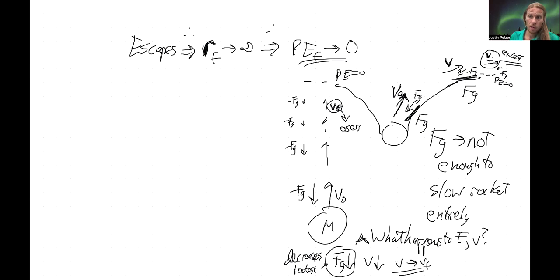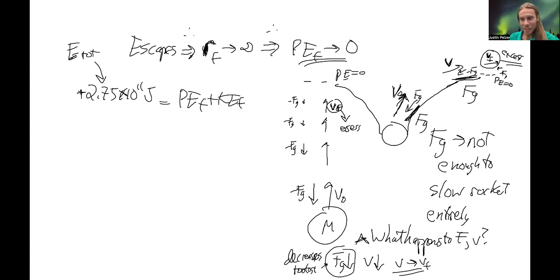So now we can say, okay, positive 2.75 times 10 to the 11 joules, which is our E total, equals final potential energy plus final kinetic energy. The final potential energy goes to zero. And we could have assumed that, say you made a guess and you said, oh, it escapes.